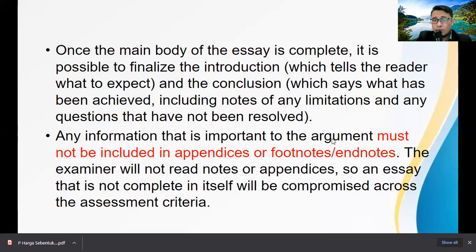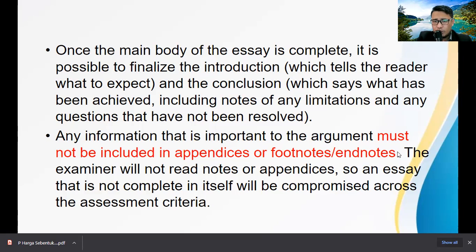Any information that is important to the argument must not be included in the appendix, footnote, and so on. This means the appendix, footnote and endnote are supposed to be the supporting reference. So you cannot put your argument into the appendix because the examiner will not read it.